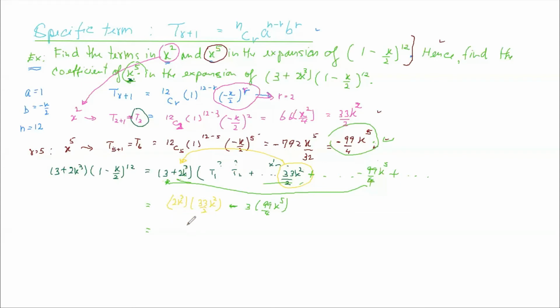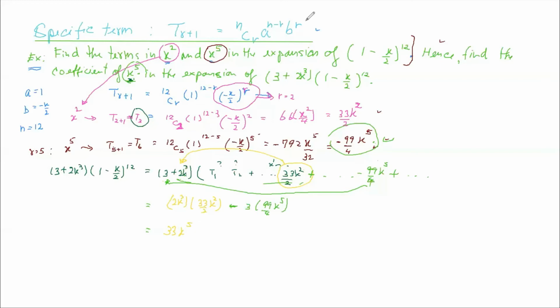So the 2 cuts, we are left with 33 x power 5.